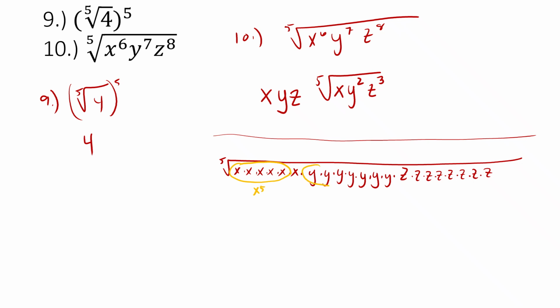I've got 7, I circled a group of 5. And I've got 8, and I circled a group of 5. So coming out of the radical, I have 1x, 1y, and 1z. And what I'm left with is 1x, 2 y's, and 3 z's.